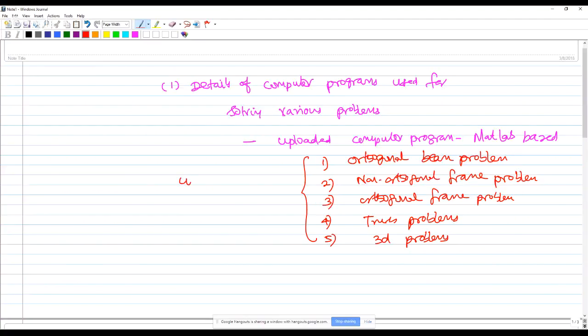We have uploaded all the programs with MATLAB coding today in the morning. So simply look at the PDF files of each of the programs. It contains the program coding. It contains sample input file.